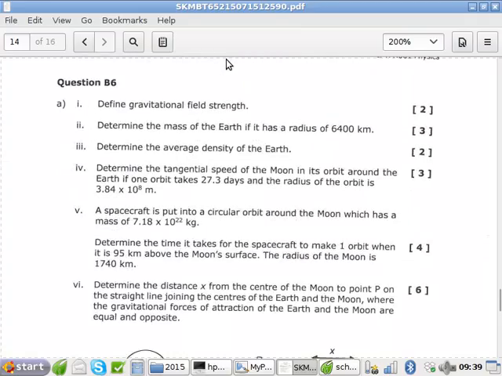Now the last question. What is gravitational field strength? Do you remember that from the definition? Gravitational field strength is the force from the Earth, the gravitational pull of Earth. Well, it doesn't have to be Earth. It's the force from a massive body that has gravity.